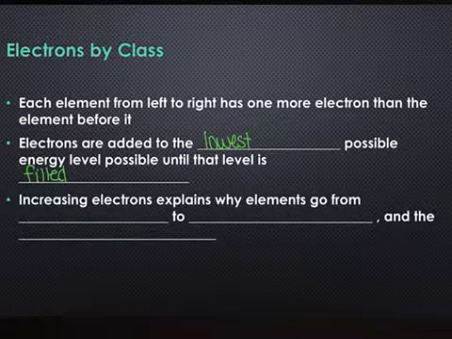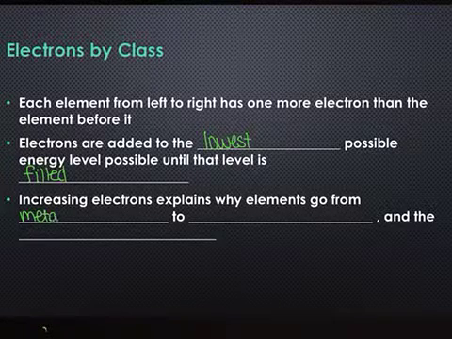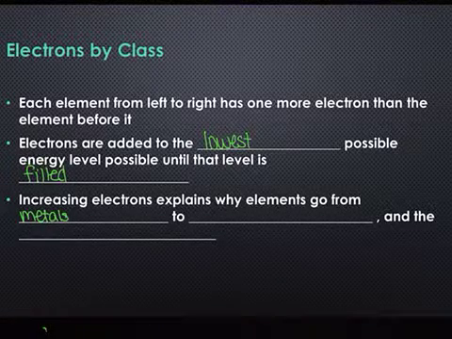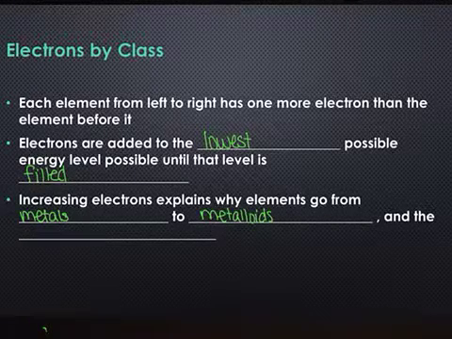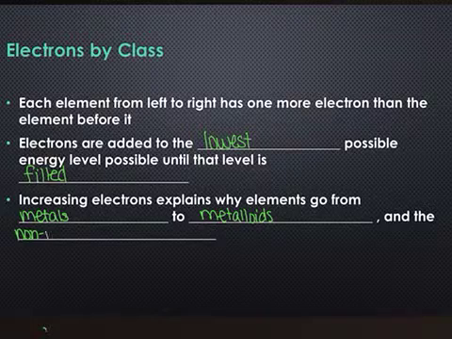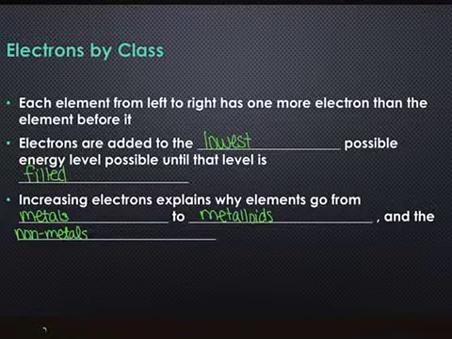So increasing the number of electrons explains why elements go from metals to metalloids and then nonmetals. So it's really these electrons that are the deciding factor if an element is a metal, metalloid, or nonmetal.